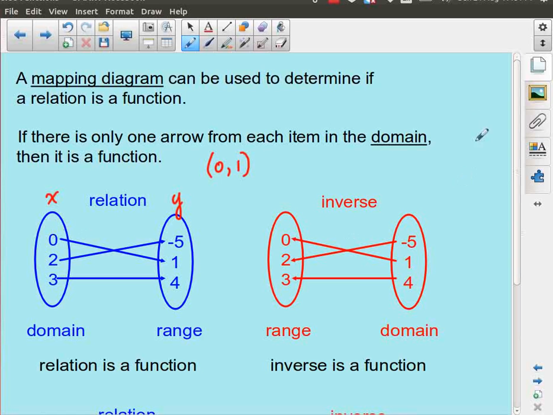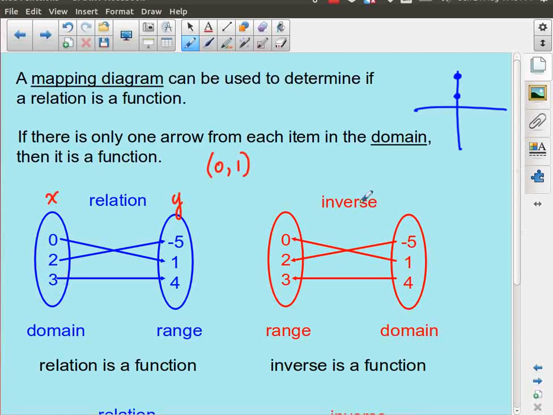So when x is equal to 0, we've got something right here on the x-axis. Here I've got 0, 1. So there's the point 0, 1. Well, if I had another value that corresponded to x equals 0, that would be 2 points stacked one on top of each other. And of course, that fails the vertical line test. So having a single arrow from each element, that's a function.